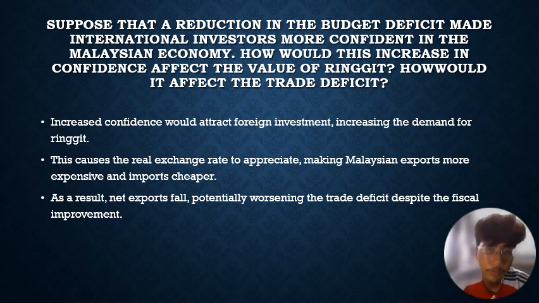To explain more, in question 2b, in contrast, if reducing the budget deficit leads to increased confidence among international investors, the impact is quite different. Higher investor confidence encourages foreign capital to flow into Malaysia, increasing the demand for Malaysian assets. As a result, the demand for the ringgit may rise in the foreign exchange market.